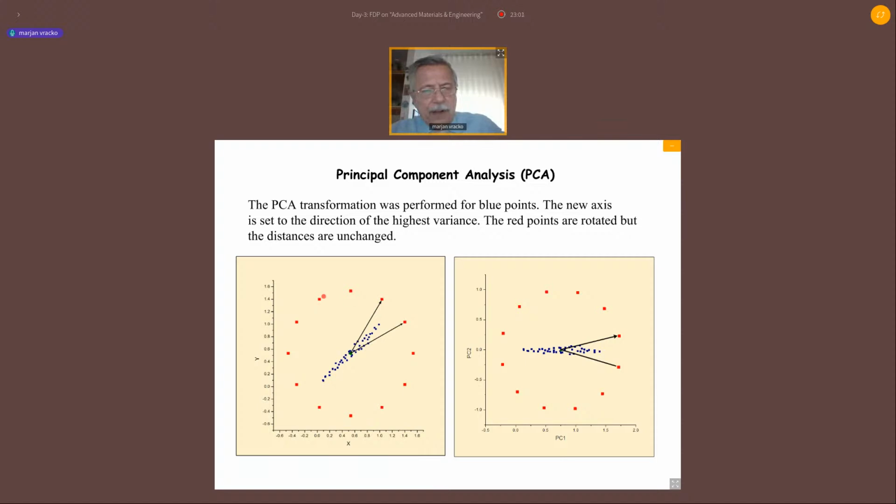If I perform PCA on this system I showed before, it is just a rotation. So our new axes are, the first axis is along the largest variance.